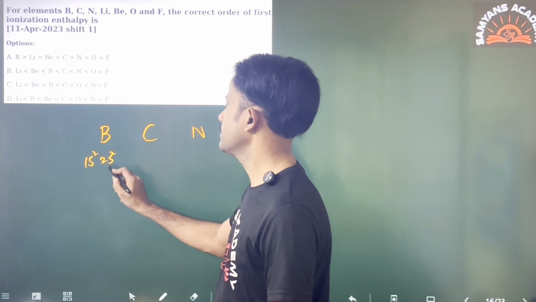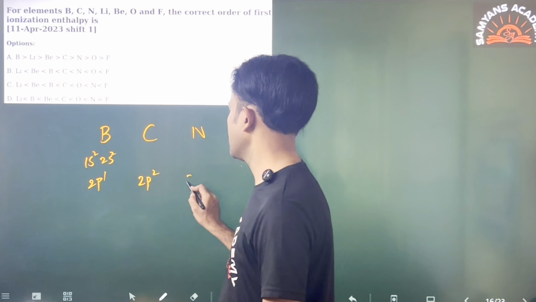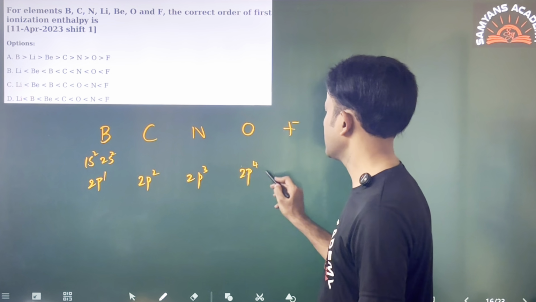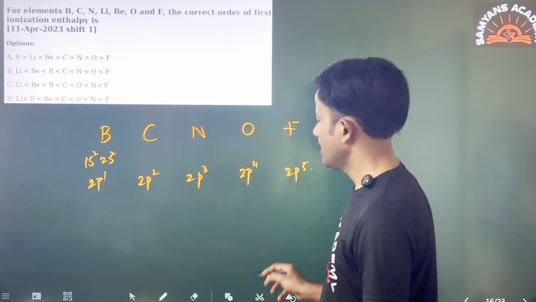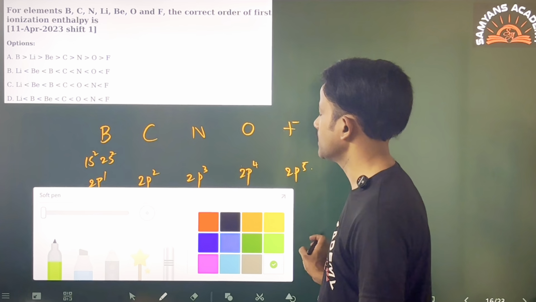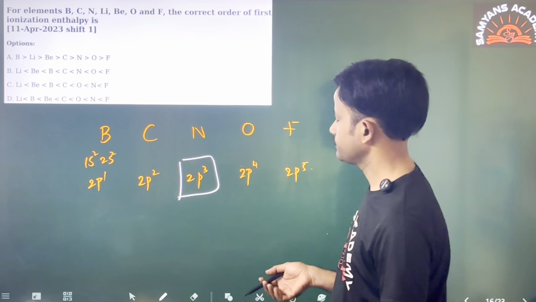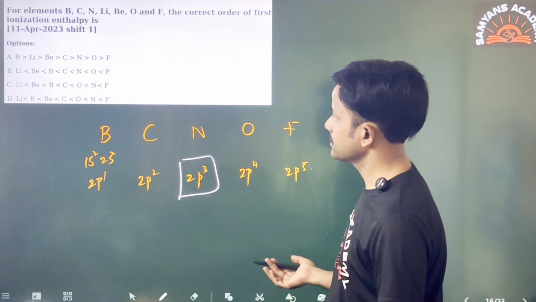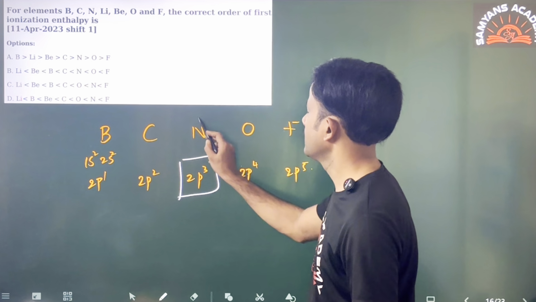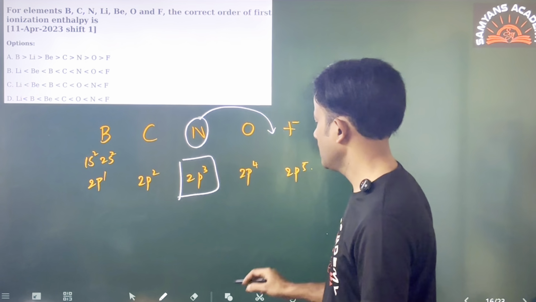So 1s2, 2s2 and 2p1 will come here, then 2p2, 2p3, 2p4 and 2p5. You already know that because of the half-filled configuration, nitrogen has more ionization energy than oxygen. So nitrogen will come here. Nitrogen has more ionization energy than oxygen.